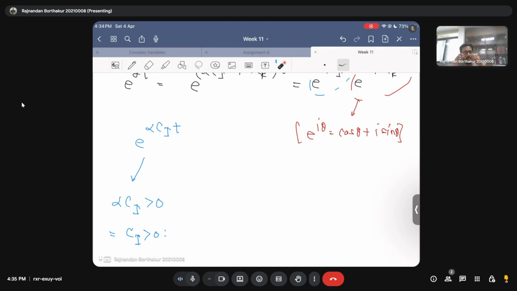So the condition ci greater than 0 signifies instability, which means that my perturbations will grow exponentially with time.